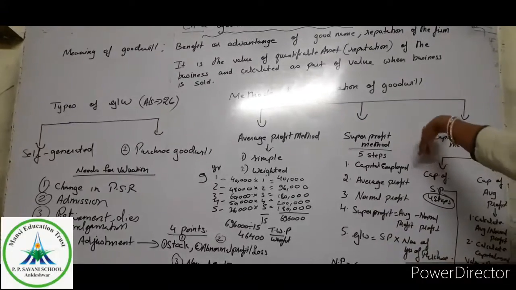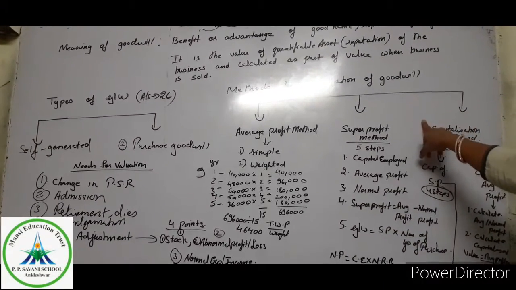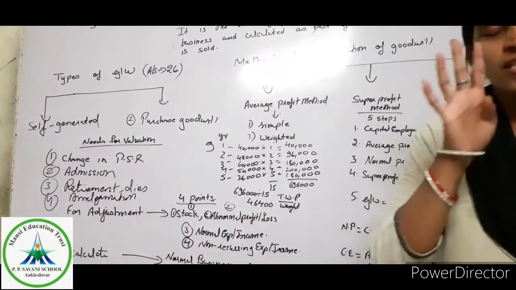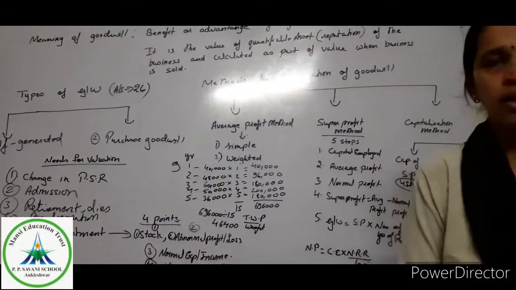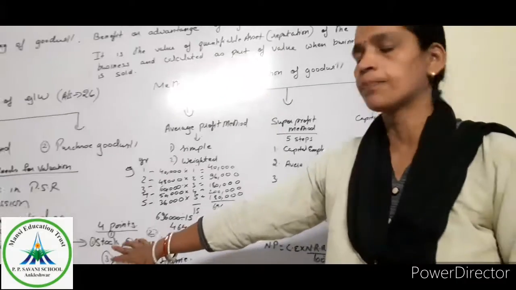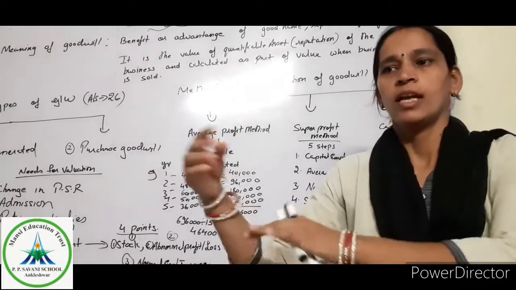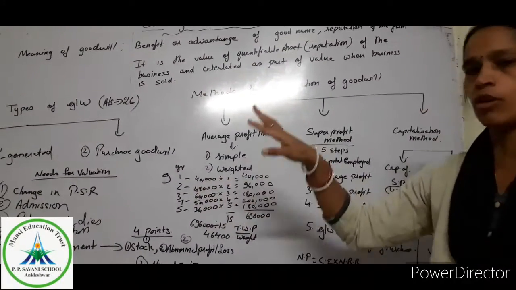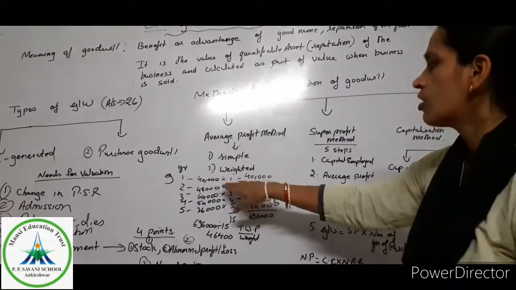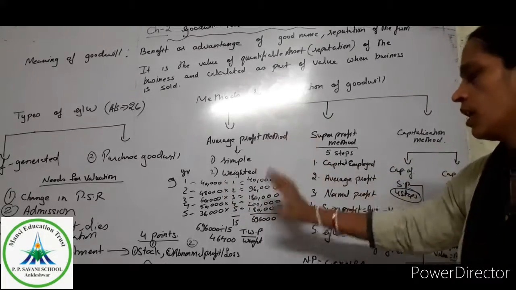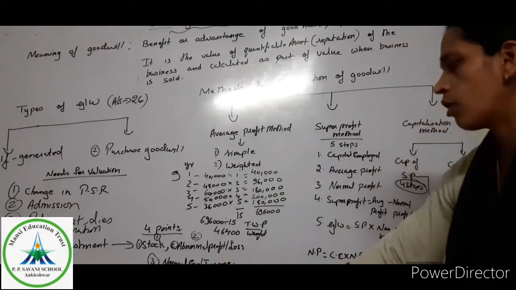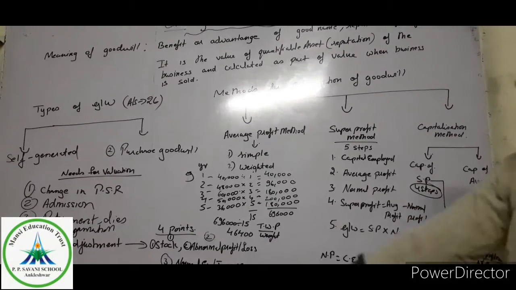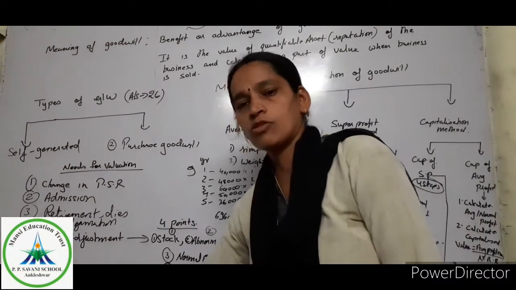The three methods which are given for the calculation of goodwill, and I have shown you regarding any adjustment. Just keep 4 points in your mind for any adjustments. Sometimes they give you directly, for example, in the first year there is abnormal profit, or there is abnormal loss. If there is abnormal profit, you have to deduct it.